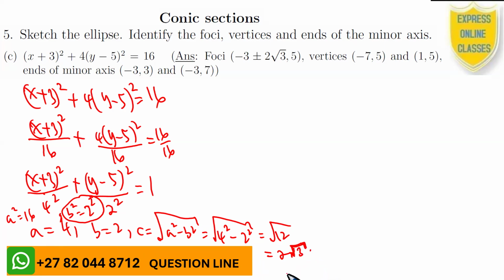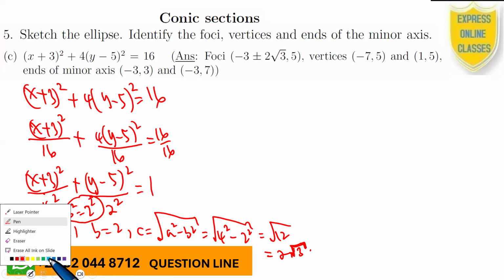So we have this. Which means I'm going to have the foci.